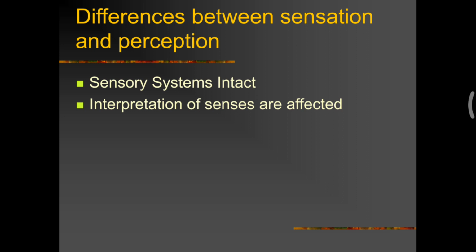So if there is a problem in putting together all the different components of the inputs which are going in, like the color, the shape, the size of it, we might have a problem in perceiving. So this is the primary difference between a sensation and a perception.